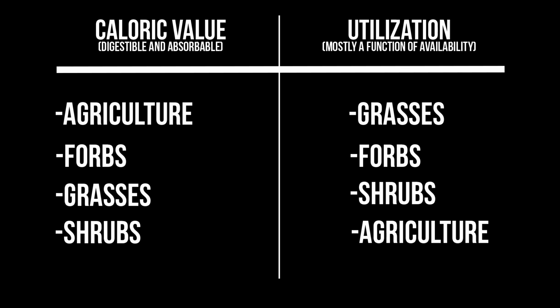Now, if we compare that to what they actually utilize, which is a function of availability on their landscape, number 1 is grasses. Number 2 is forbs, number 3 is shrubs, and last is agriculture, because it's not present in a lot of places. So you've got to be thinking about that.